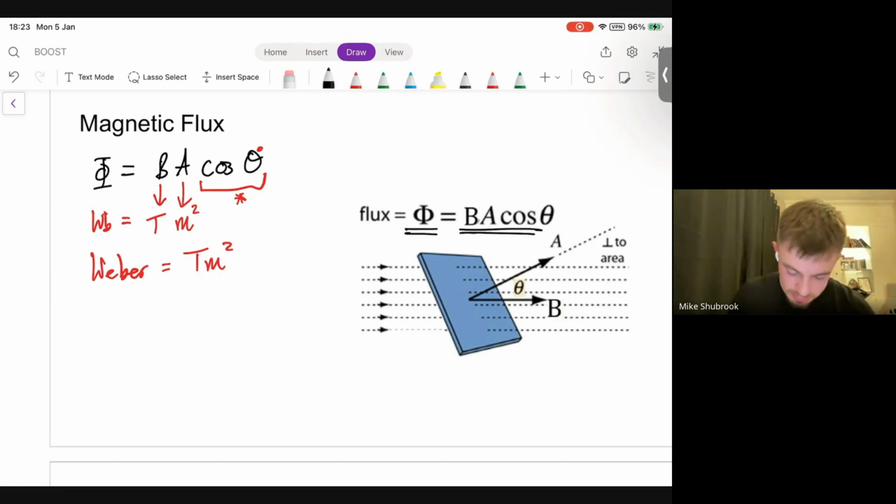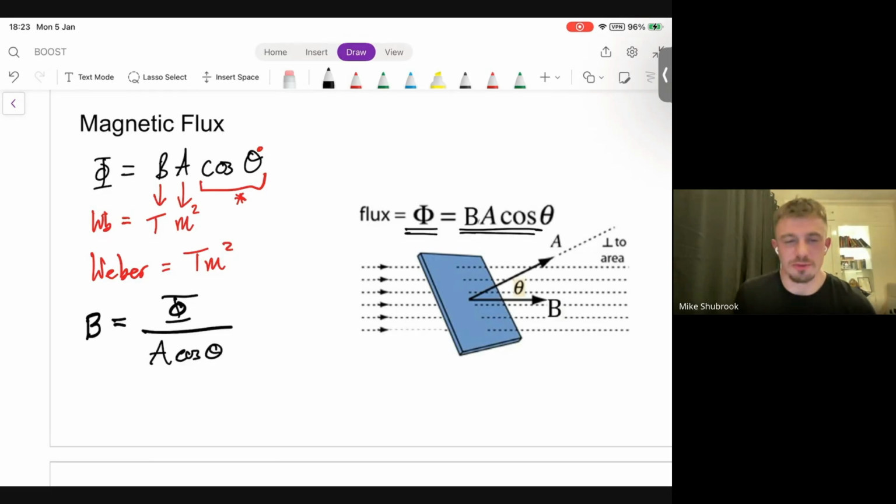Now, this is just a new unit that's being introduced, by the way. So let's rearrange this formula to get the magnetic field strength. It is the flux divided by the area times cosine theta. But cosine theta is just a number, so we don't need to worry about it for the argument I'm about to make. So this is flux divided by area.